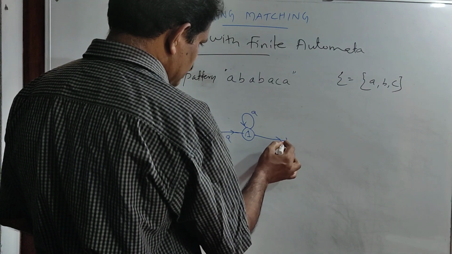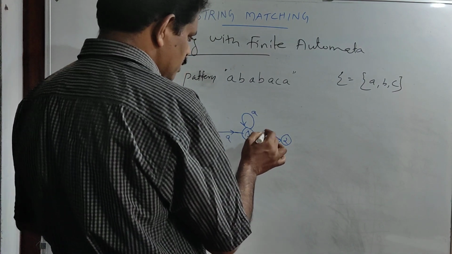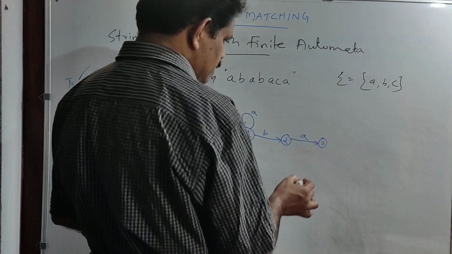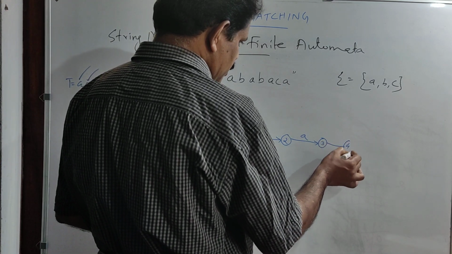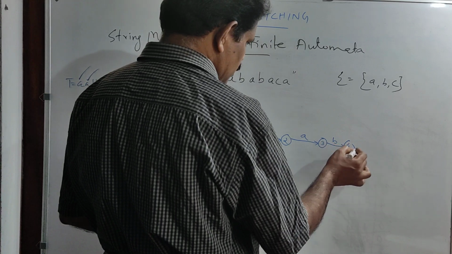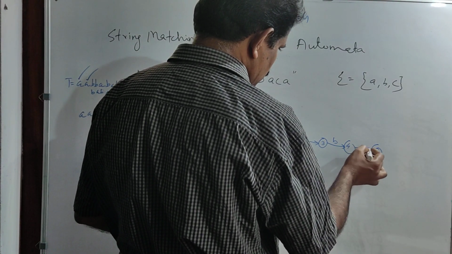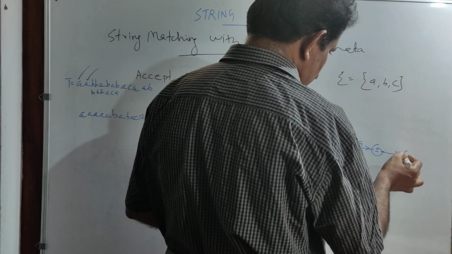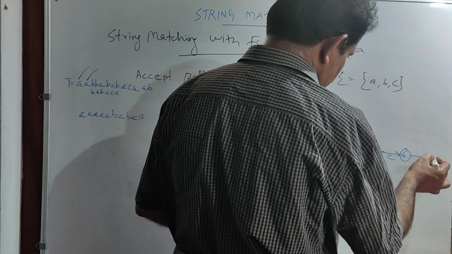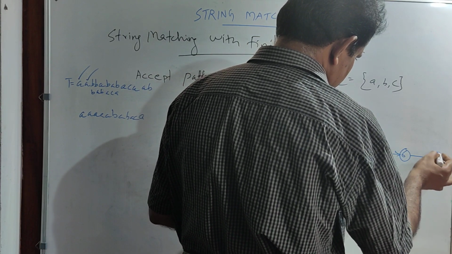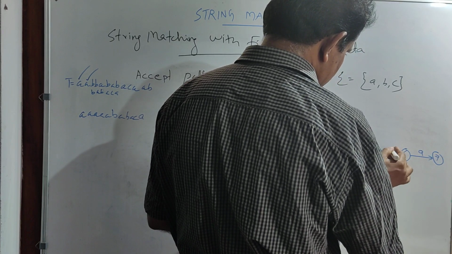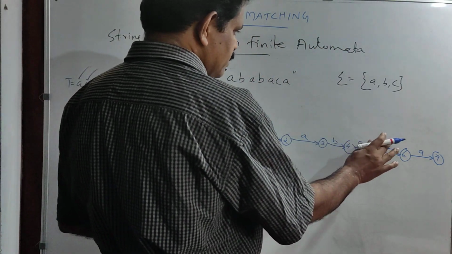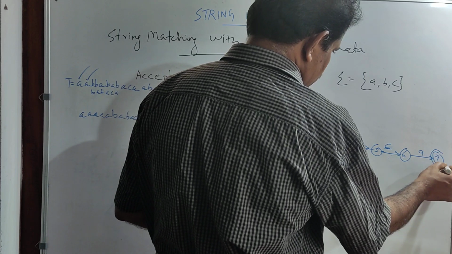It can move to the next state, A B. Then on getting an A, it can move to state 3, then A B A B A, then C, then the last state, A B A C A. Okay, you will write the last state.